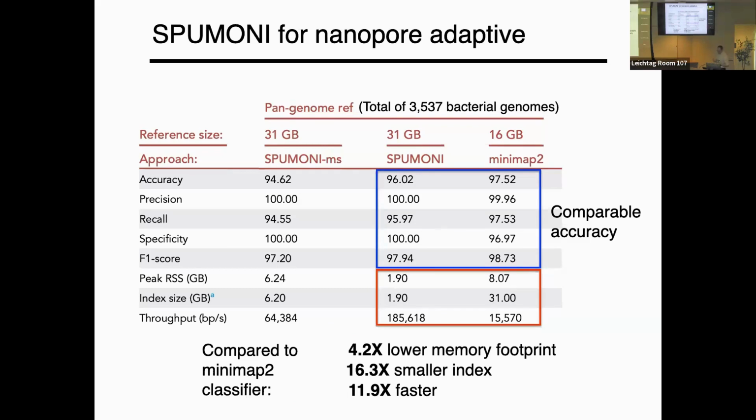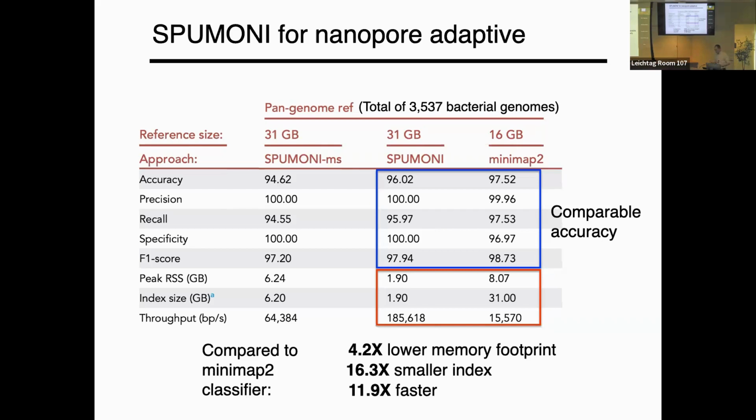That's when we were using these tools with a database that was a pan-genome, in other words, many, many strains of the same species. We were doing a mock community experiment here, so there were various bacteria and yeast, and we had many, many strains of those bacterial species and many, many strains of yeast in the database.